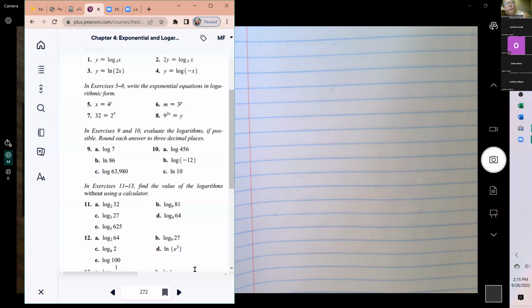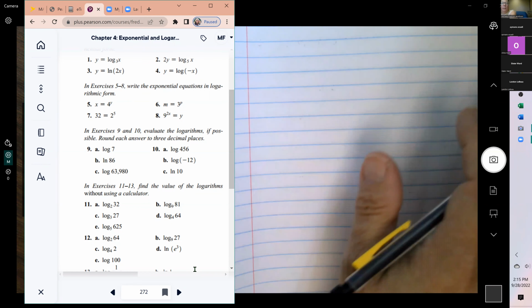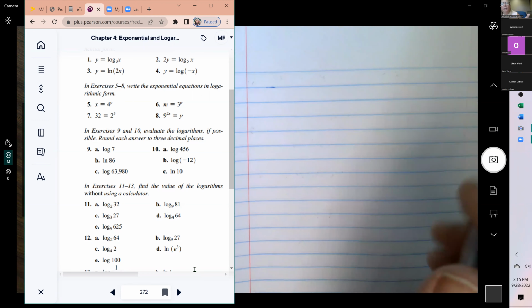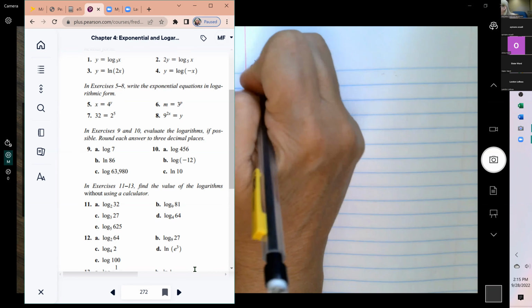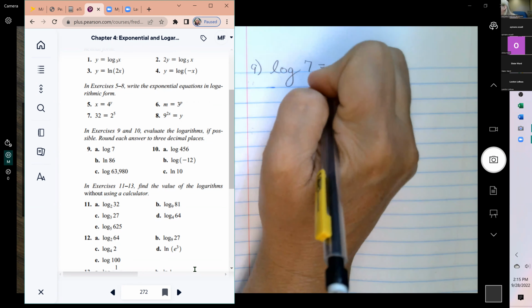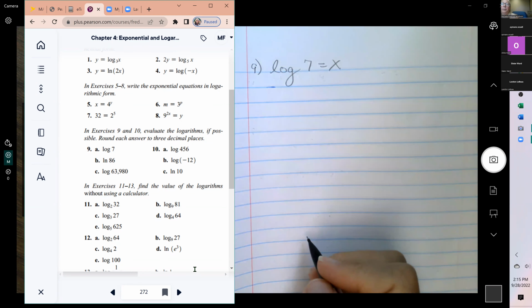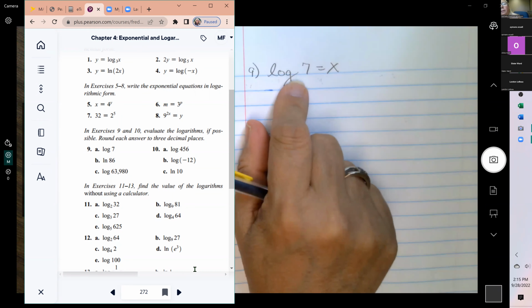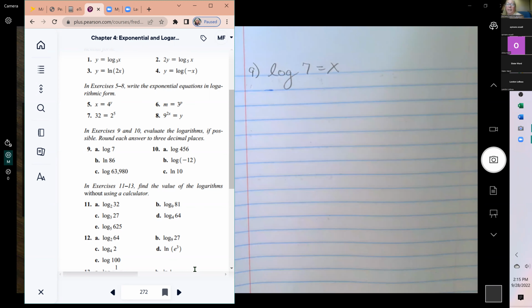Evaluate the logs if possible. Round each answer to 3 decimal places. If we look at the first one, when they're not telling you it's equal to a value, put it equal to something. So log of 7 equals x. Now this is one we could just plug into our calculator, because it's base 10.